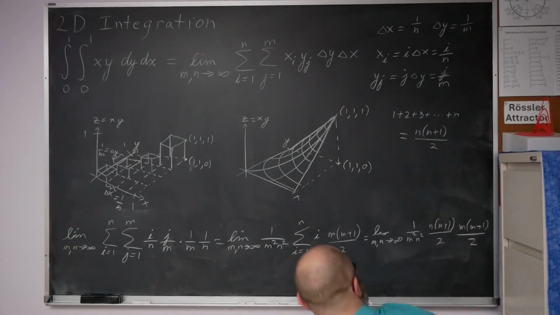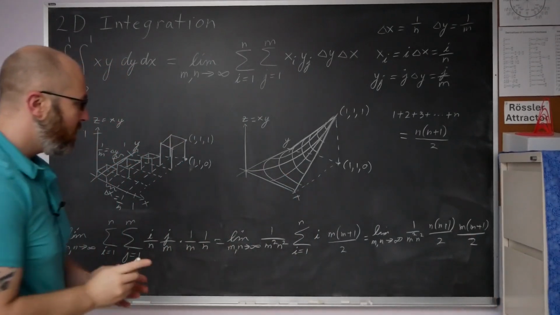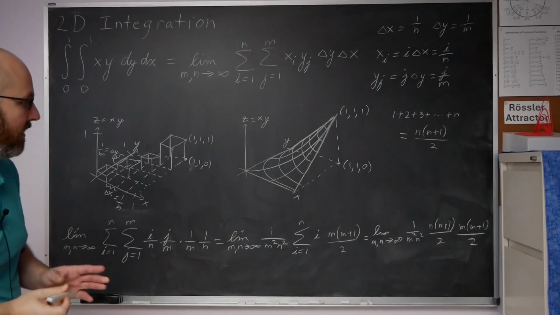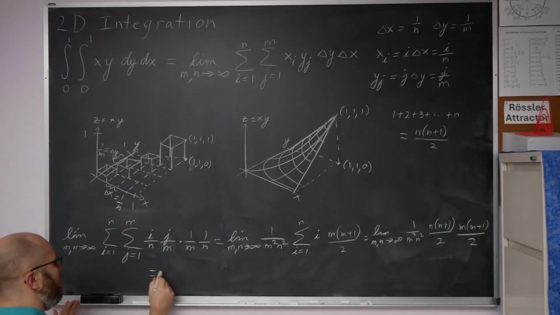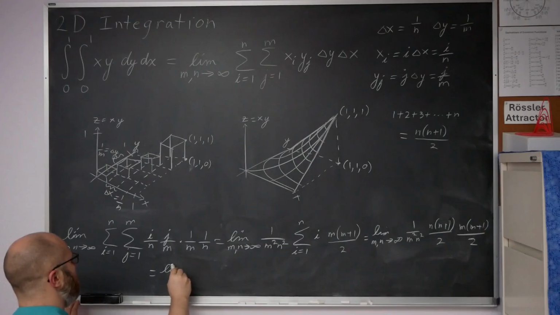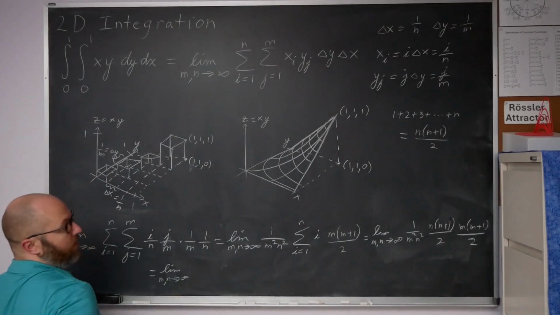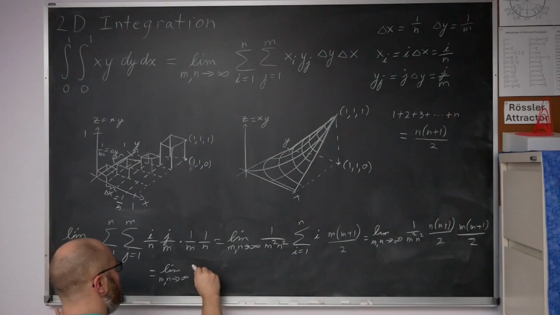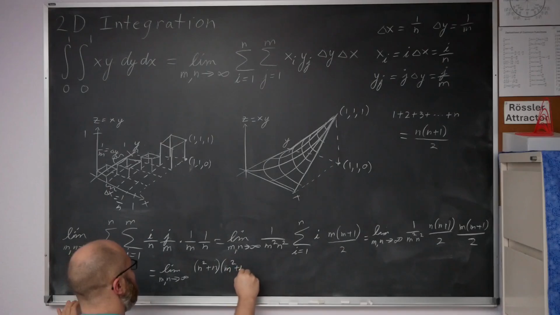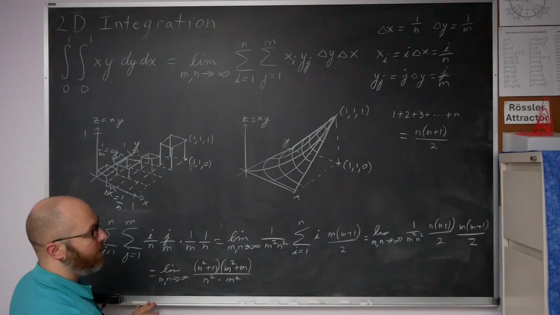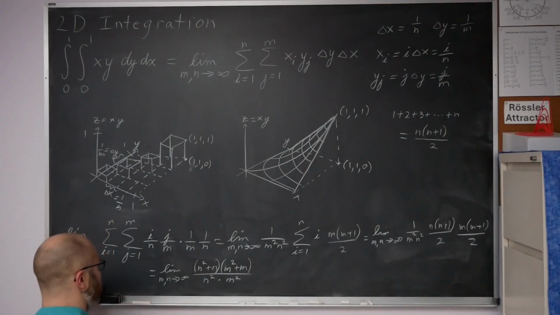Now if we simplify that, we end up with the limit as m and n go to infinity. So it's n squared plus n times m squared plus m all over n squared times m squared. Oh, and I forgot my 1/4. Excuse me. Let me put the 1/4 out here.